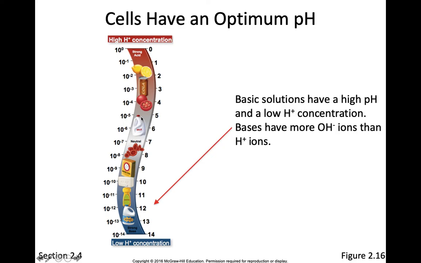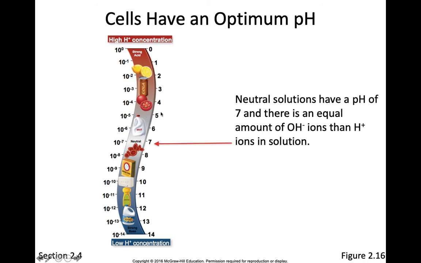The farther you get up to this side towards the strong acid part, the more H's there are when compared to OHs. The more H's you have, the more likely you are to dissolve things. The more OH's you have, the more likely you are to dissolve things.